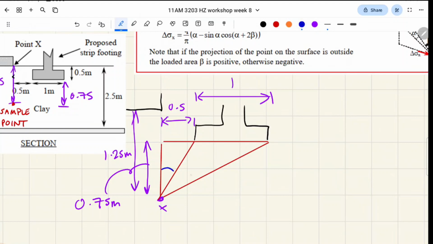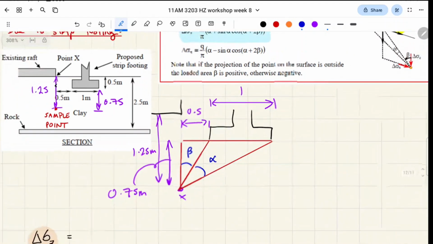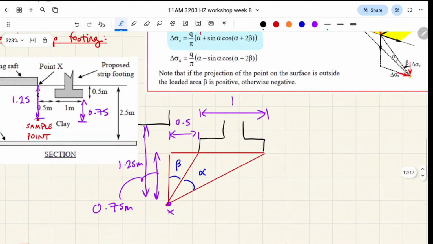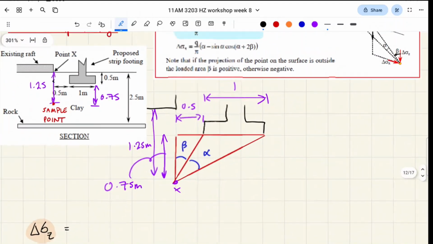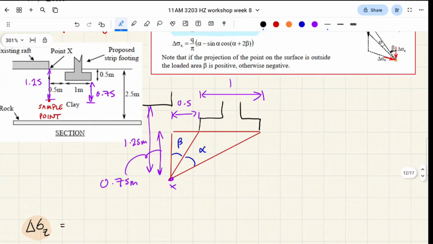So, what we have to calculate here are these angles. That's beta and that's alpha. So we're going to use rise over run, right? A tan inverse rise over run for beta, and alpha is going to be slightly harder to calculate, but I'll tell you how to do it. So beta, tan inverse rise over run. We're looking at the rise over run from this perspective.